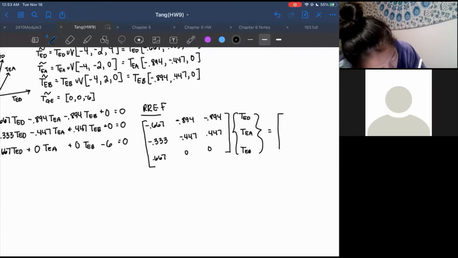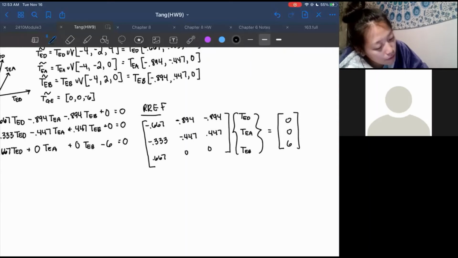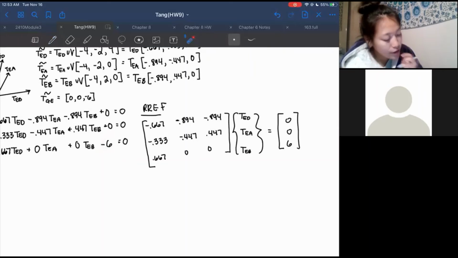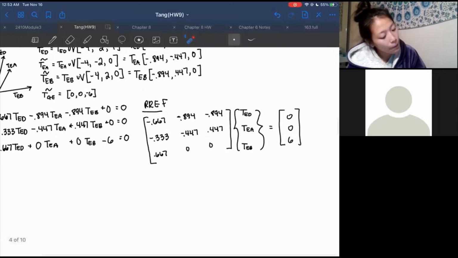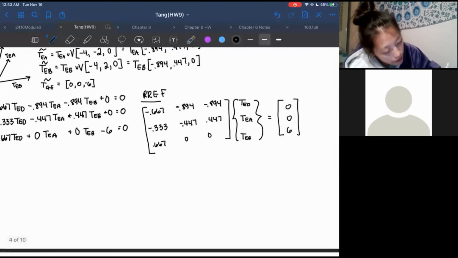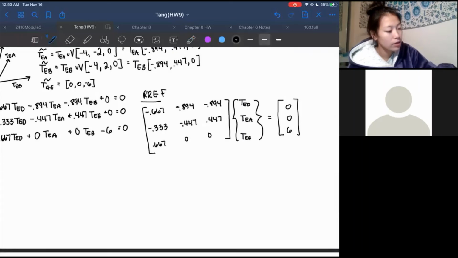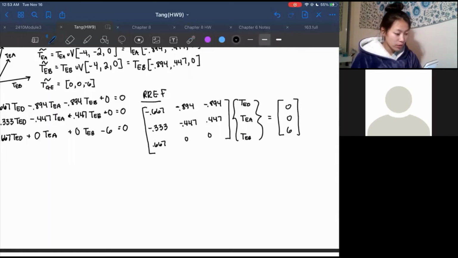So that will equal 0, 0, 6, and I got that because you just moved the negative 6 over to the other side, and that's positive 6. And then you just calculate that in your calculator. So again, it'll be a 3 by 4 matrix.